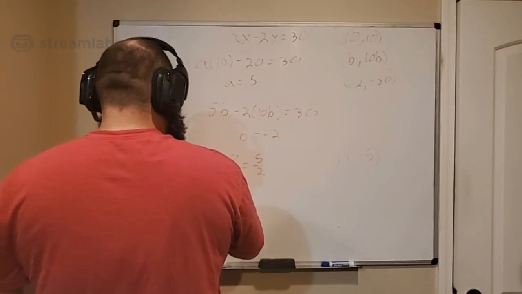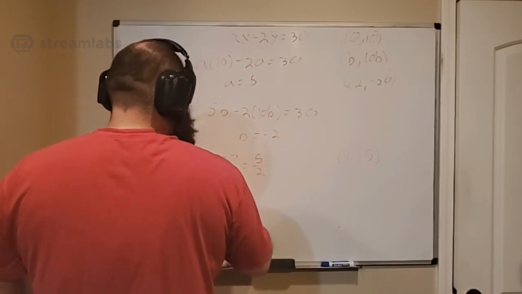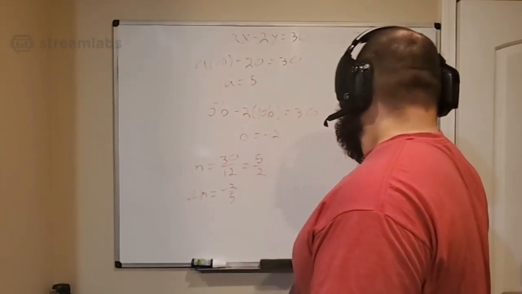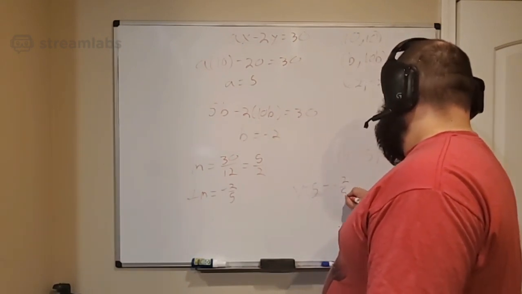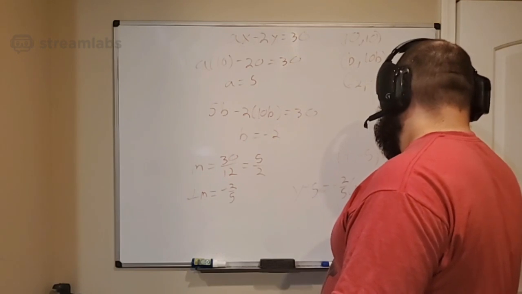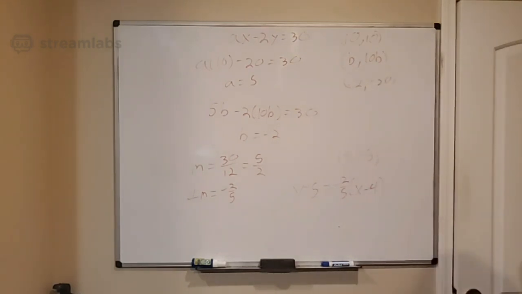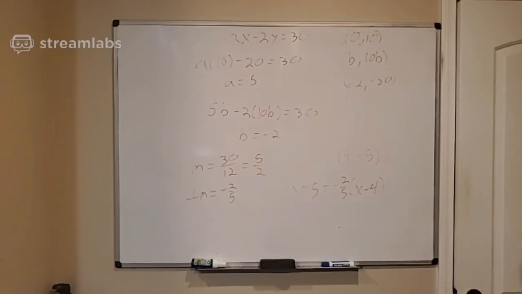So y minus -5, so y plus 5, is equal to -2/5 times x minus 4. I think that's what they were looking for, right? The equation? Yeah. And there's your equation. Let's see if they leave it in slope intercept or point slope. They put it into slope intercept, but you don't have to.